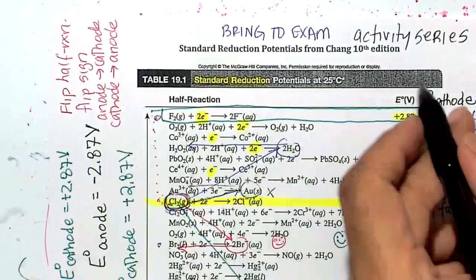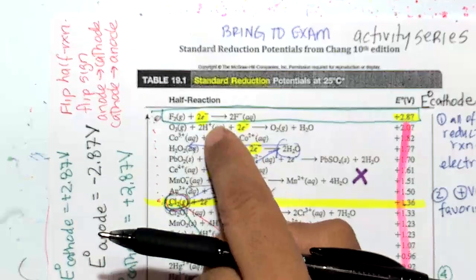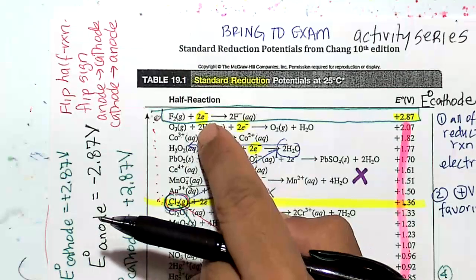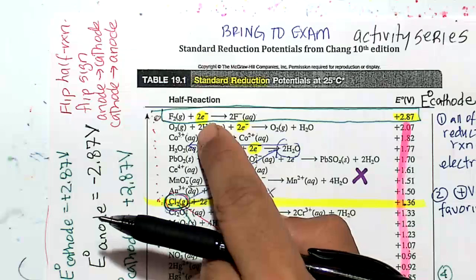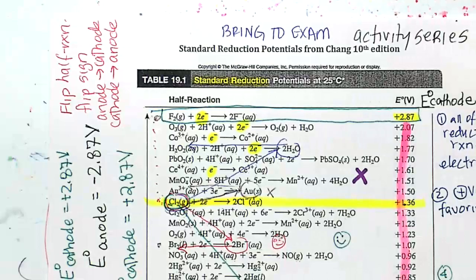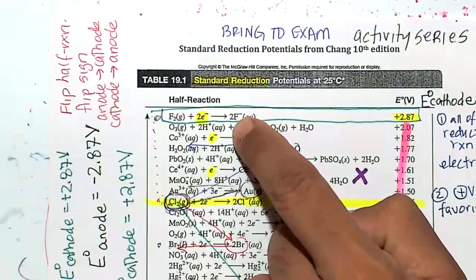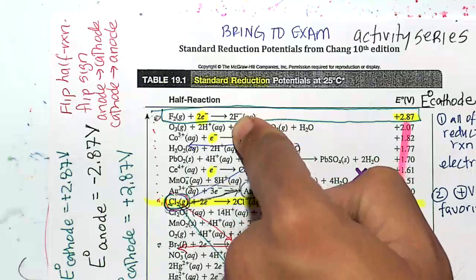All right, let's look at this very top thing here. Positive 2.87 volts. This thing loves to get reduced. So it is the best oxidizing agent. Okay, let's go back to our example with me and Eric. I give one electron. He takes it. He is the agent that causes my oxidation. He gets reduced. He took my electron. But in turn, he oxidized me. So he is the agent that caused my oxidation. So we say here that this is the best oxidizing agent.